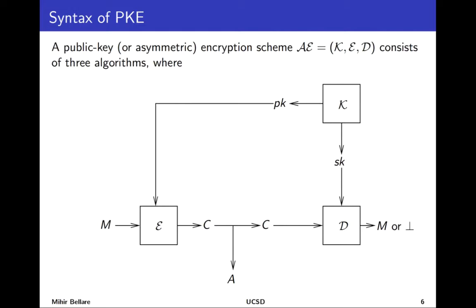As with any new cryptographic primitive, we start with some syntax. Remember, syntax means if I want to give you a description of the scheme, what do I need to specify? And just like with the symmetric encryption scheme, an asymmetric one consists of 3 algorithms, the key generation, encryption, and decryption ones.